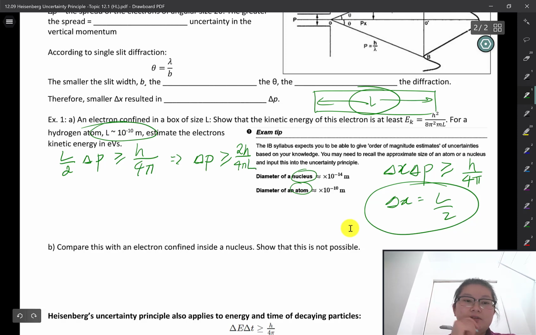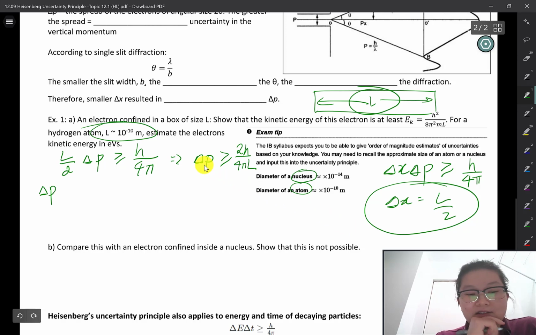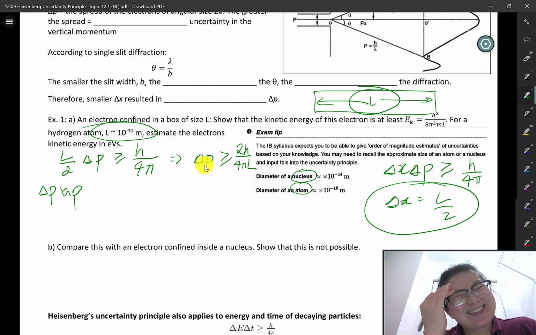Okay, so when we do an estimation to find the kinetic energy, we're going to have to make an assumption. This assumption is that the uncertainty in the momentum is roughly going to be the momentum itself, and we're just looking at the scale of the energies inside a hydrogen atom.